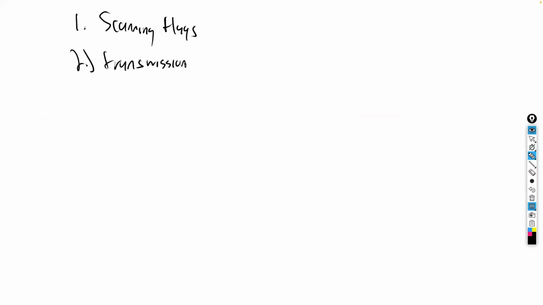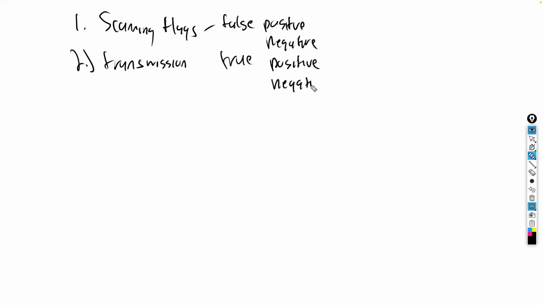Is it going to go to maybe something like Slack or maybe Skype? So the transmission, right? And then the scanning flags, this is going to be like false positive, false negative, and then we have true positive and true negative.